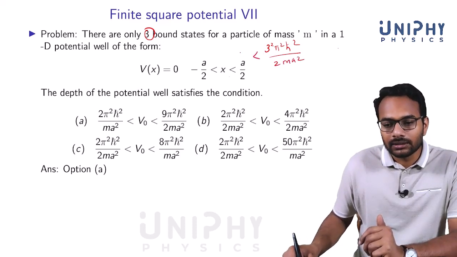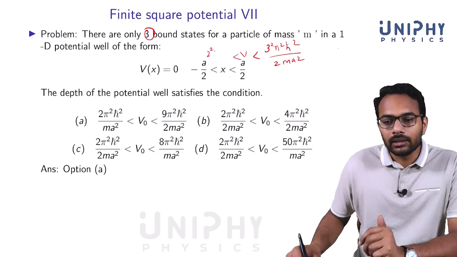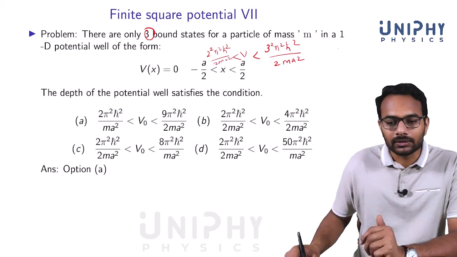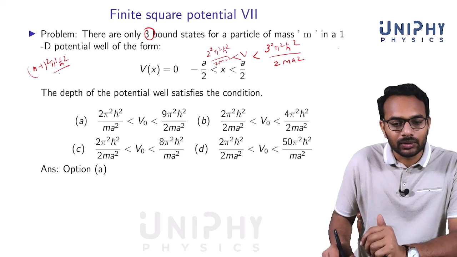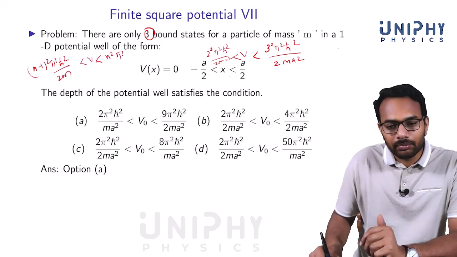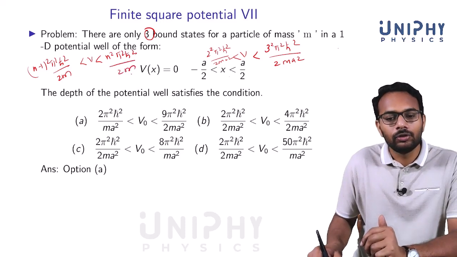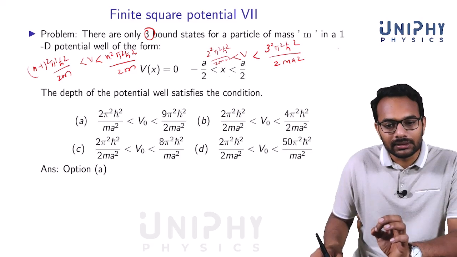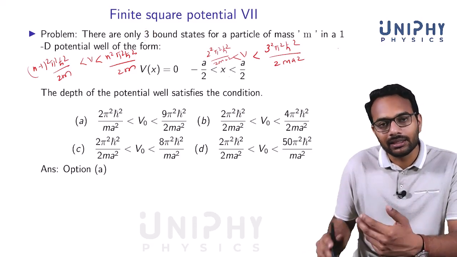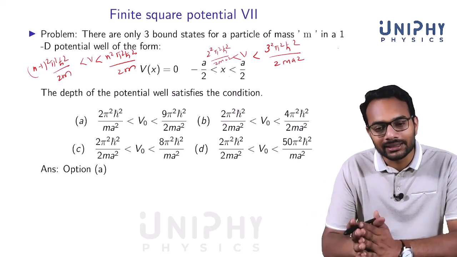This has to be greater than V. This has to be less than 2 square pi square h cross square divided by 2 ma square, because our condition was n minus 1 whole square pi square h cross square divided by 2m less than V less than n square pi square h cross square divided by 2m. This is what we saw. If this is the condition, then there are n bound states. They have given that there are 3 bound states, and they have asked the condition.